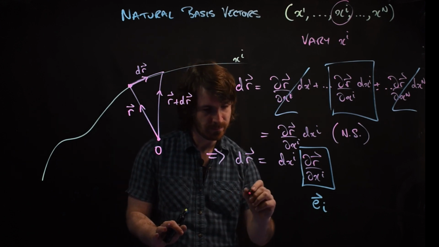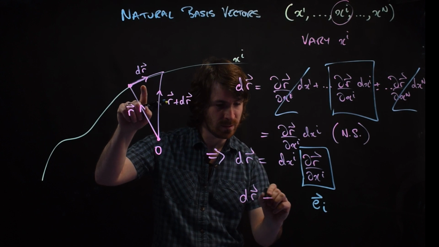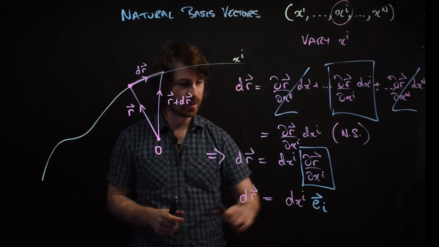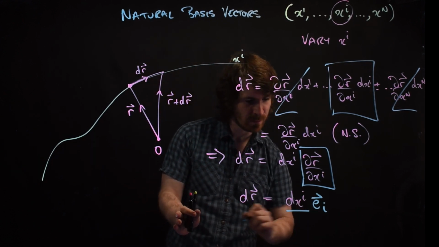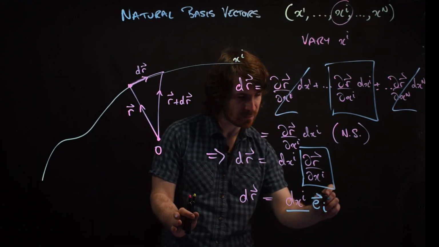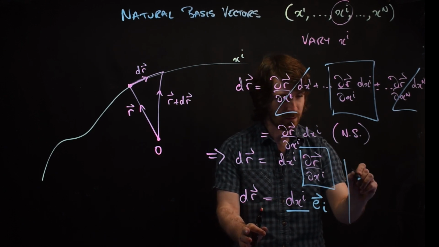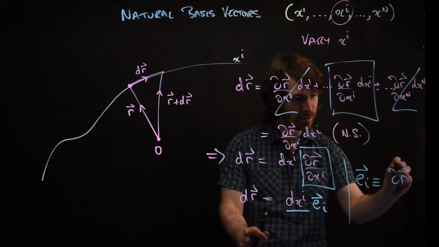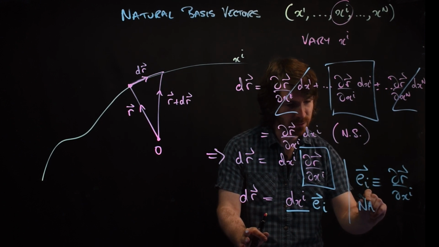So dr, this vector, is equal to dxi ei. So this is a component, and this is our natural basis vector. So ei is defined by dr by dxi, and is called our natural basis vector.